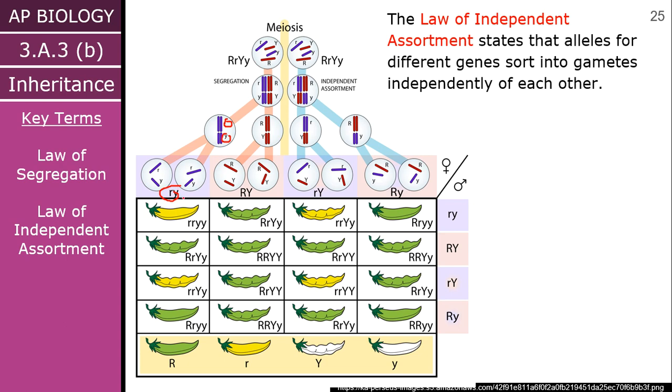Or excuse me, I meant little y. That'll happen a quarter of the time. But a quarter of the time, you will also pass a little r with a big Y. And a quarter of the time, you're going to pass a big R with a little y, etc. Okay. So your chromosomes are unique. They don't need to follow each other. So just because you get a dominant for one trait doesn't mean you get a dominant for the other trait.